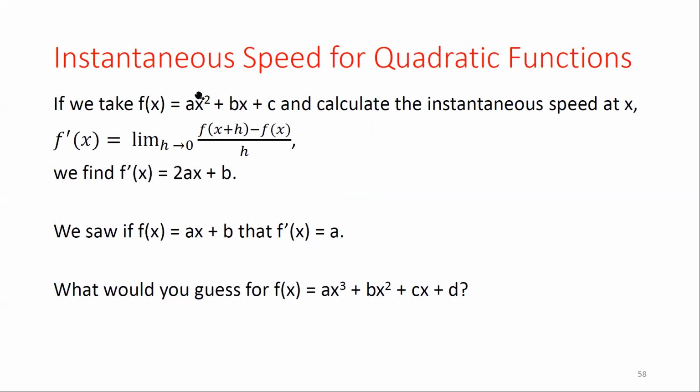So here we guessed it was 2 times a, x to a 1 less power, b times 1 times x to a 1 less power. So a times 3, and what power of x? X squared. B times 2, x. C. And you are correct. The answer is 3ax squared plus 2bx plus c.